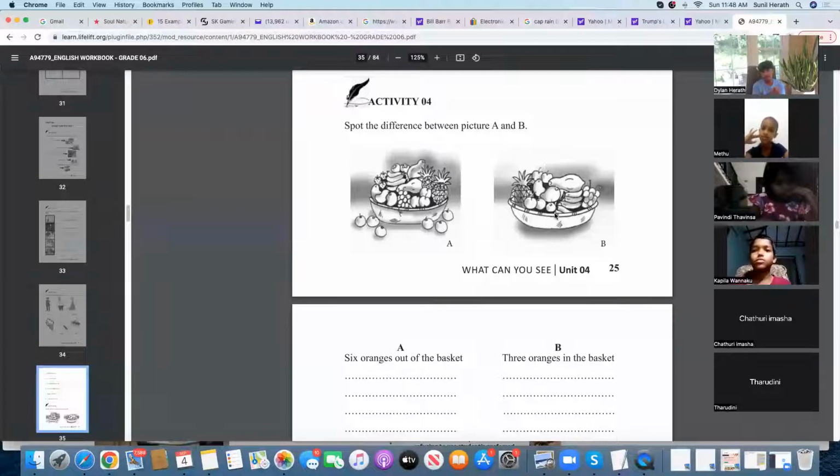Try and say there is 1 more pineapple in picture A than B. So for example, who brought up mangoes? Try and do that with mangoes. So we said 3 mangoes in A, 2 mangoes in B. So how would we compare them? Which one has more? Which one has less?